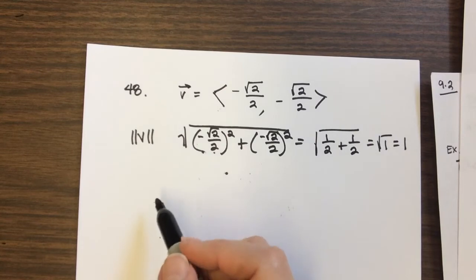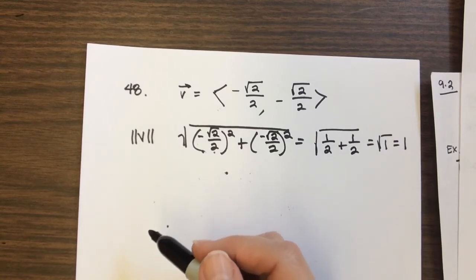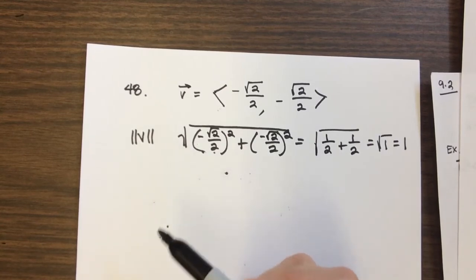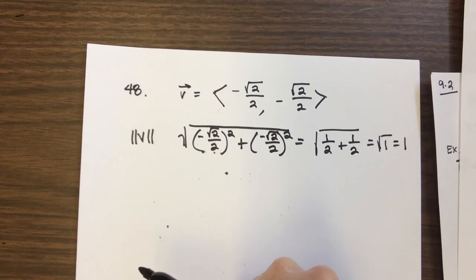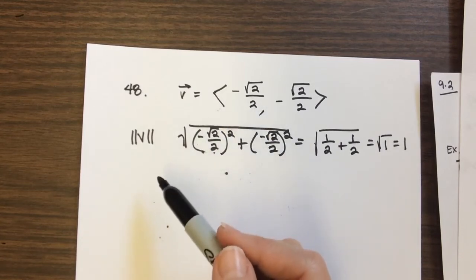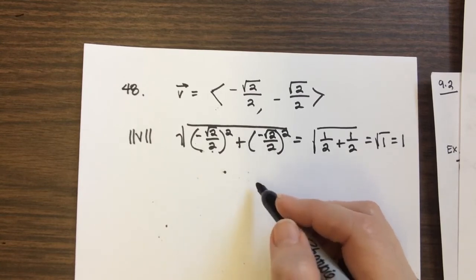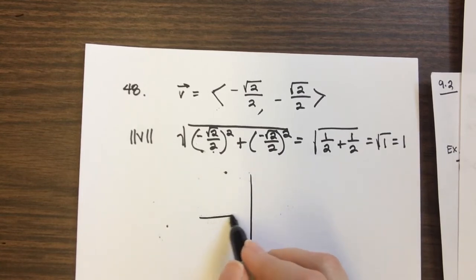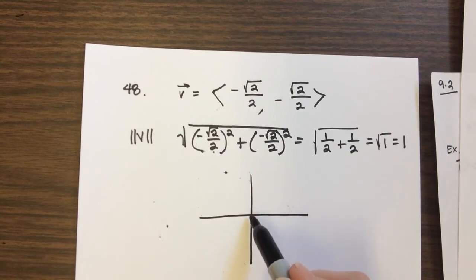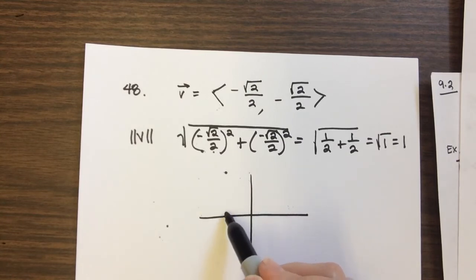Now I want to find the direction. Well, let's think about how we would find the direction. So I've got this component, and let's just draw it out here. Here's 1. Let's just say that was 1.